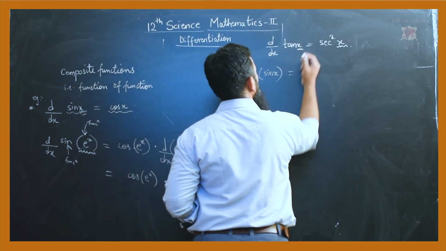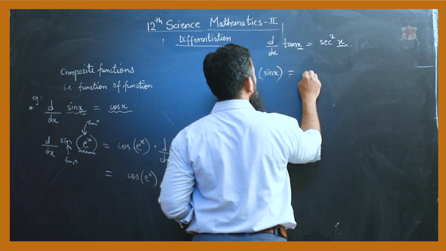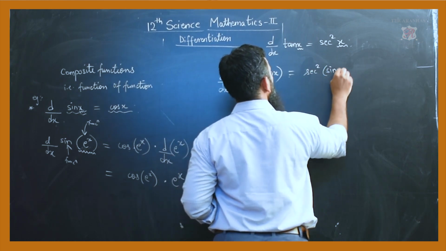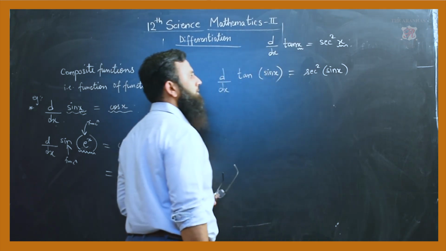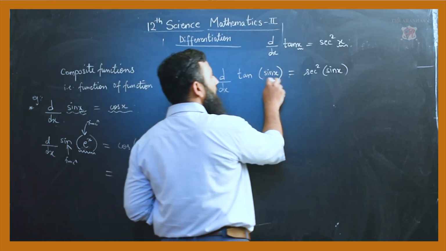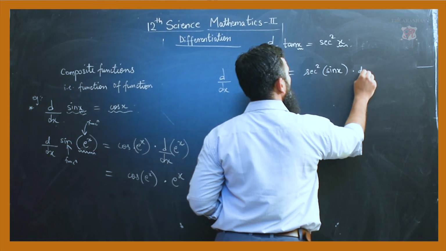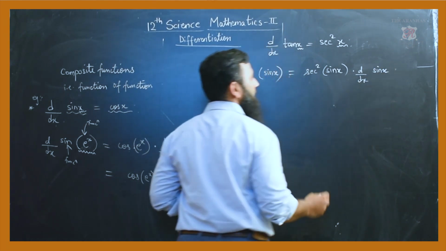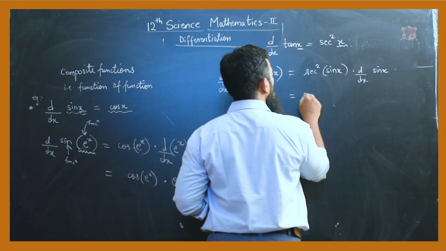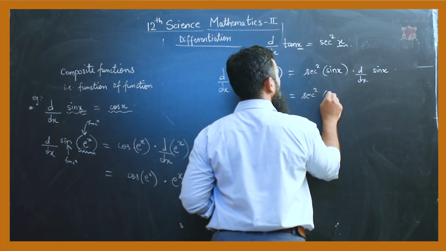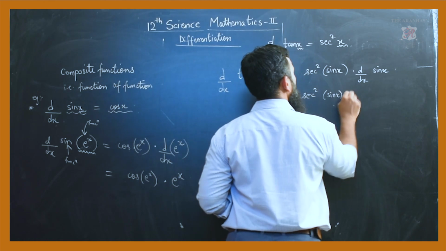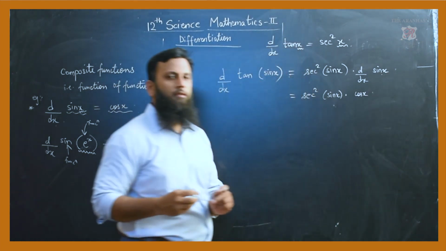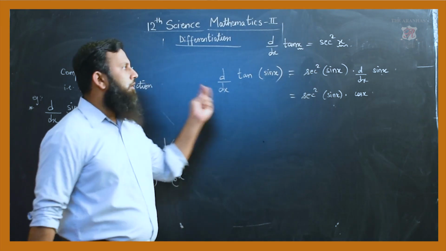So it will become derivative of tan of sin x will be sec square of sin x, and into derivative of the function d by dx of sin x. So it will become sec square sin x, derivative of sin x is cos x. So this is called composite function.